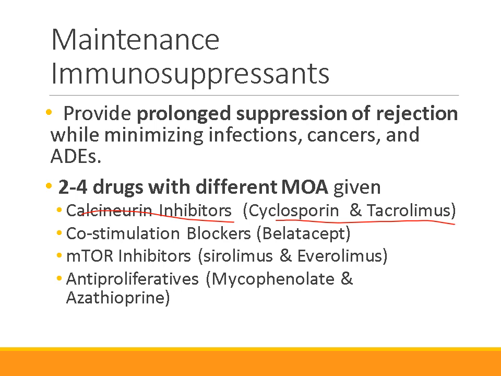These agents we mentioned previously when we were talking about renal transplant. Co-stimulation blockers, belatacept is the co-stimulation blocker. mTOR inhibitors, that's sirolimus and everolimus. And then finally, we have anti-proliferatives as well, mycophenolate and azathioprine.